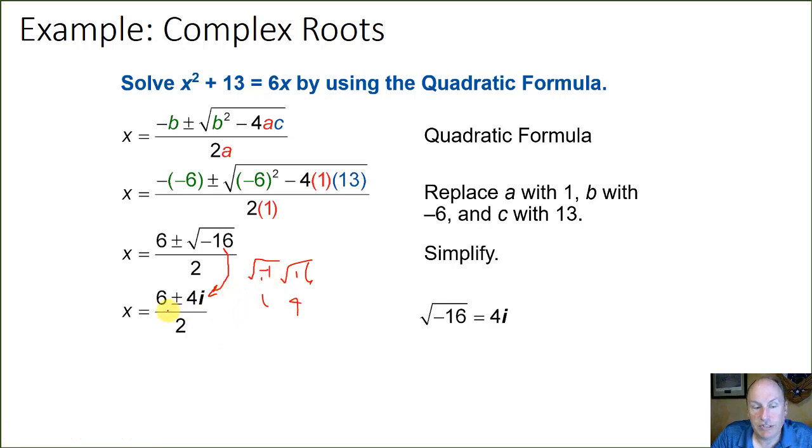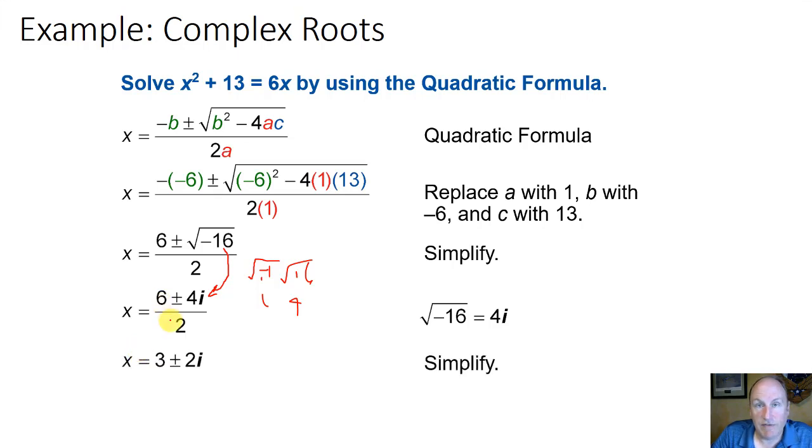So our two solutions are 6 plus or minus 4i over 2. And that becomes 3, 6 divided by 2, plus or minus 4i over 2, which is 2i. So 3 plus or minus 2i. So it's either 3 plus 2i or 3 minus 2i. Those are our two solutions in complex form.